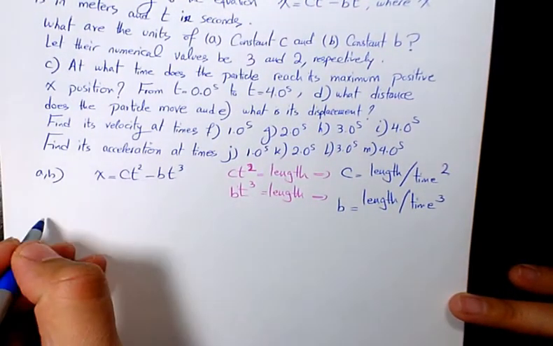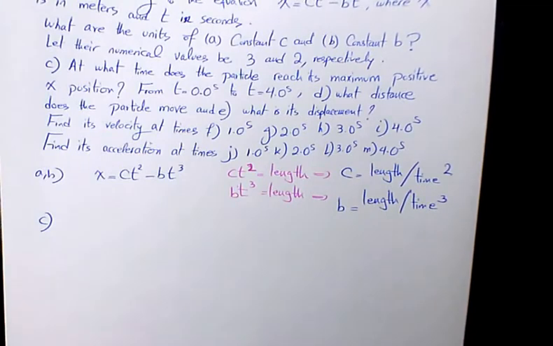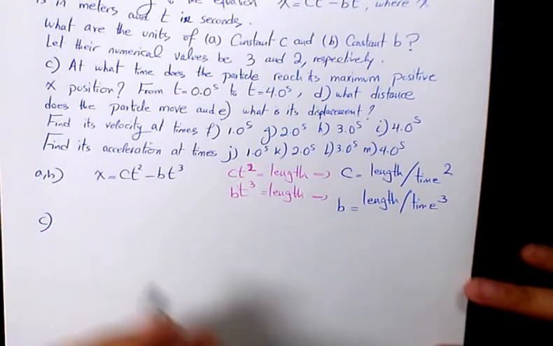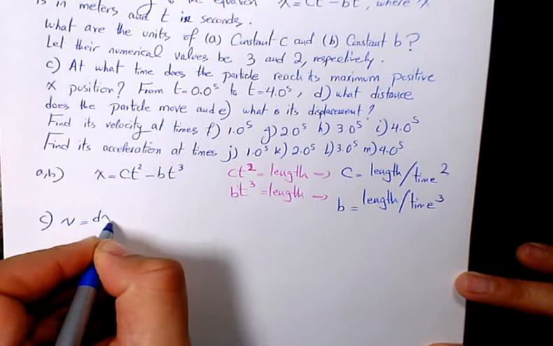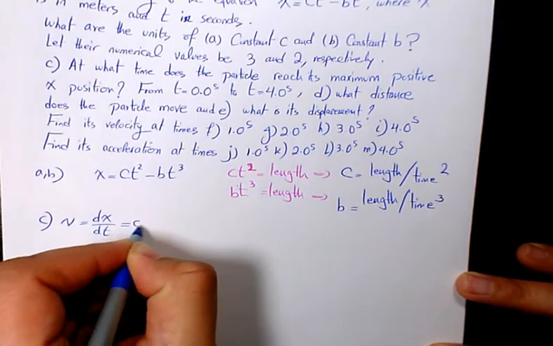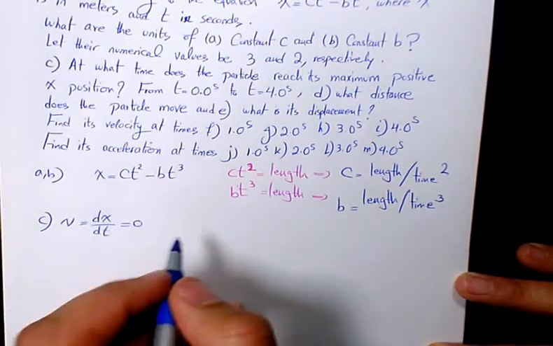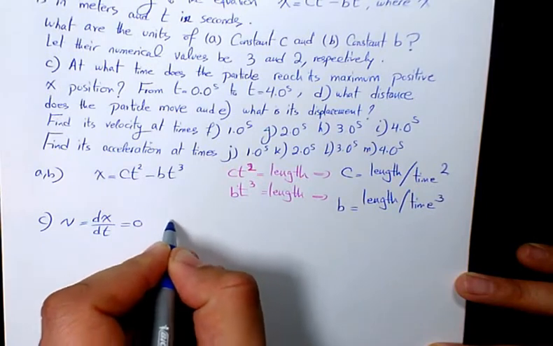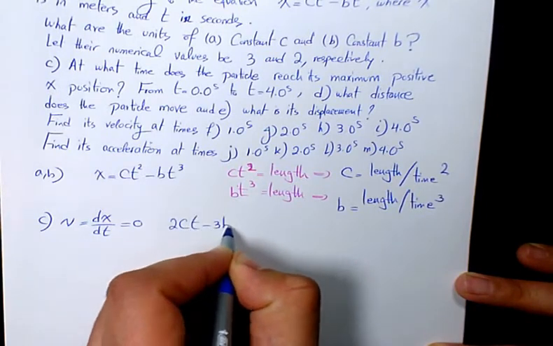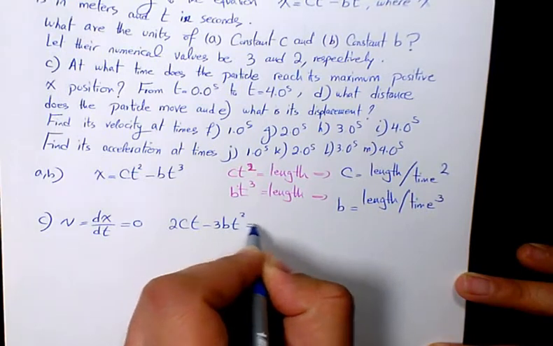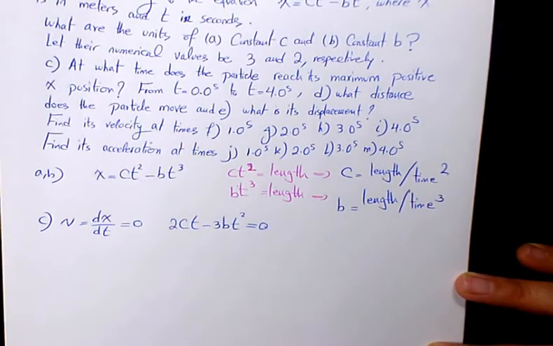Then in part C it says, at what time does the particle reach its maximum positive x position? When the particle reaches its maximum or its minimum, it means that the velocity is 0. Velocity is the first derivative of x with respect to t. So we need to find the first derivative. That will be 2ct minus 3bt squared, and that has to be equal to 0.